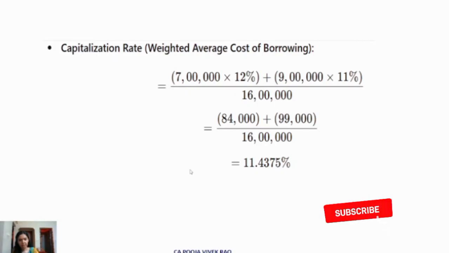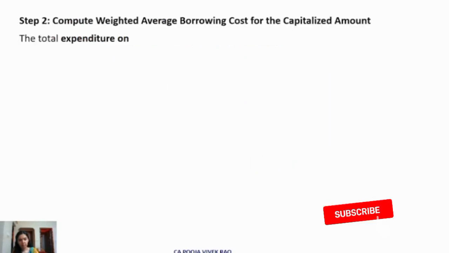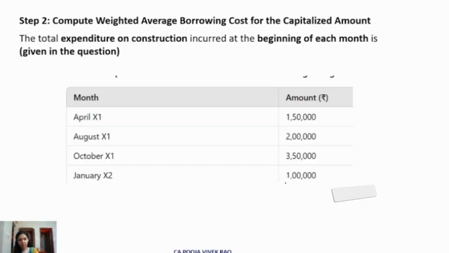So the next step here will be to compute the weighted average borrowing cost for capitalized amount. For this purpose, we have to check in the question the total expenditure on construction incurred at the beginning of each month. This has already been given in the question.